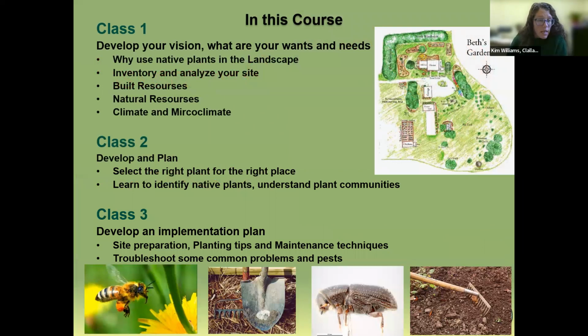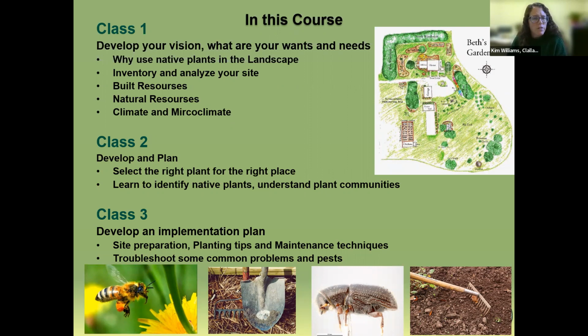So this is class 1 or course 1 of 3 webinars. And in this course, we are going to learn how to develop a vision for your own landscape. What are your wants and needs? Why should we use native plants in the landscape?